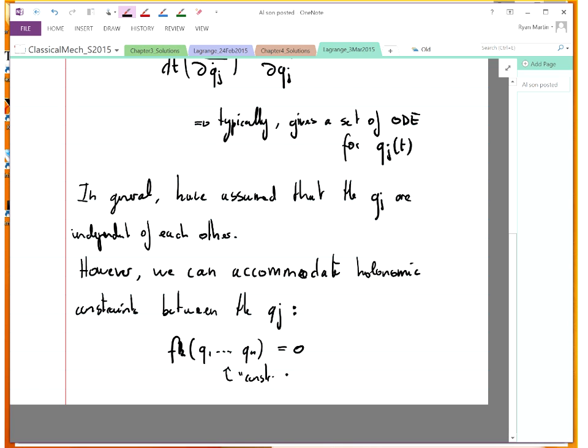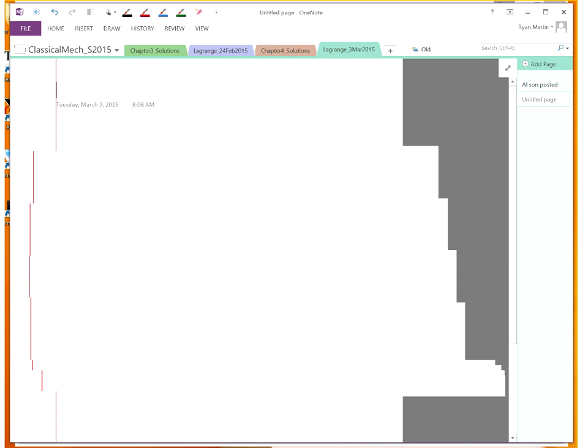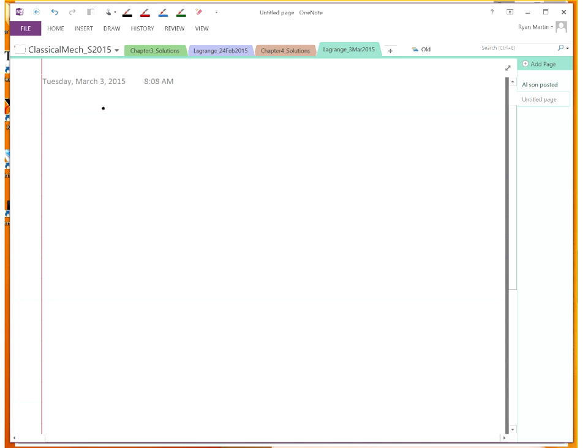So that's a constraint equation, right? We call that a constraint equation. So when we have a constraint equation, we can use the method of Lagrange multipliers.